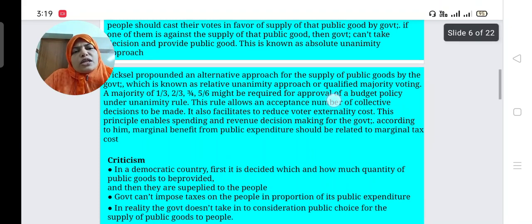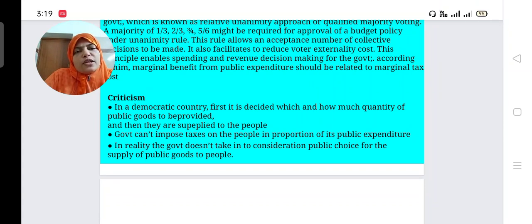There is so much criticism of Wicksell's theory.